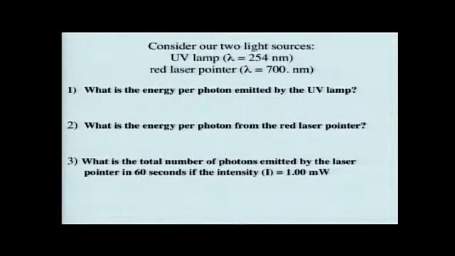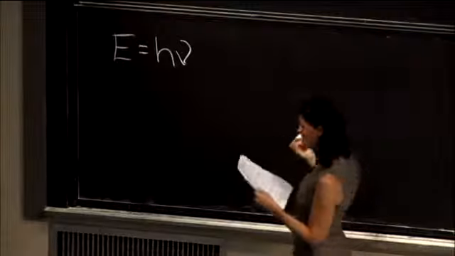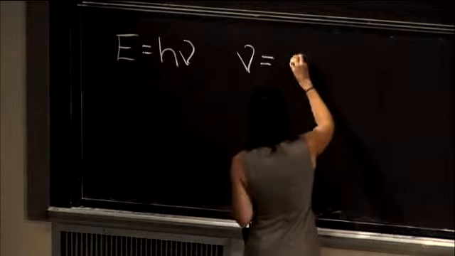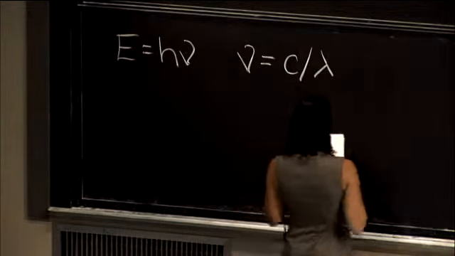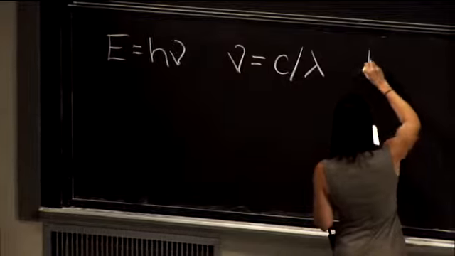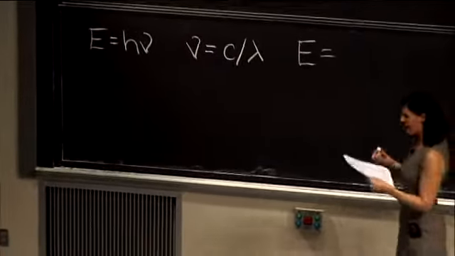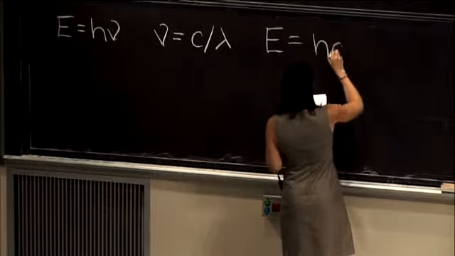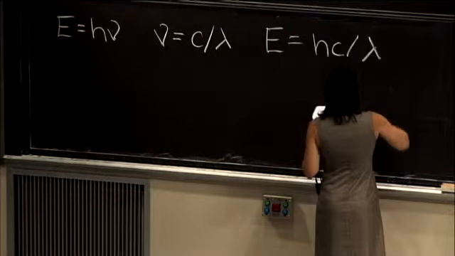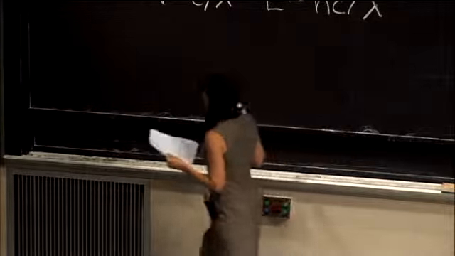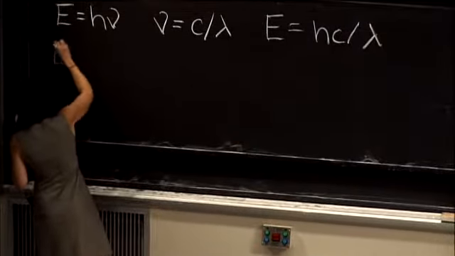We know that energy is equal to Planck's constant times nu, but what we know about the lamp is its wavelength, or the light that's emitted. We know that nu is equal to c over wavelength, so we can figure out the energy of each photon emitted by our UV lamp by saying E is equal to hc over wavelength. So let's just plug in these numbers here.